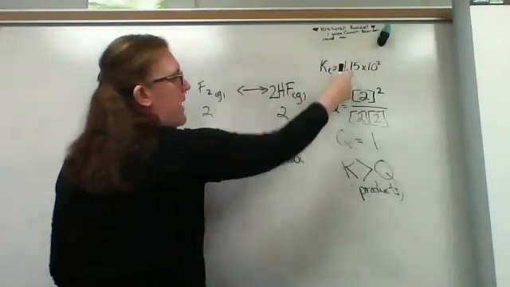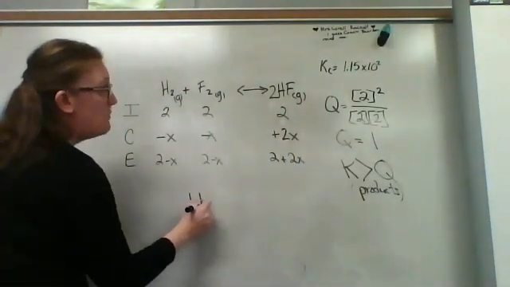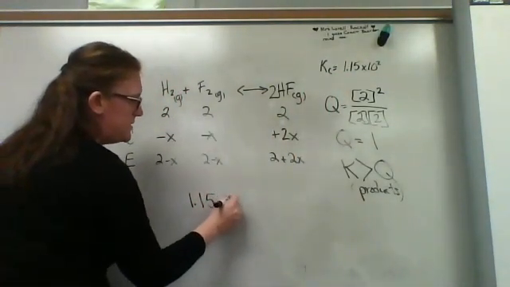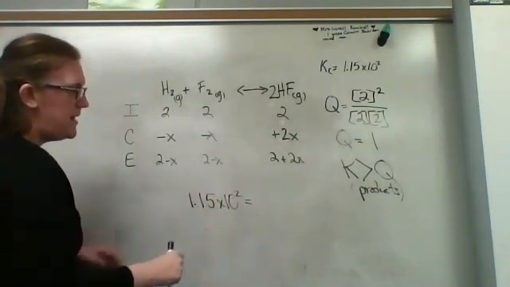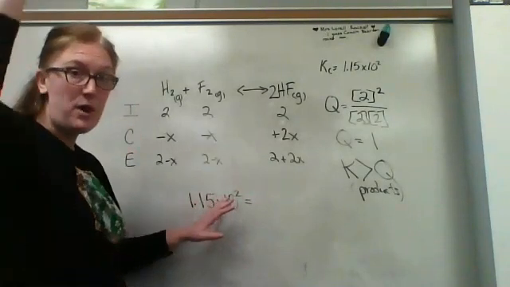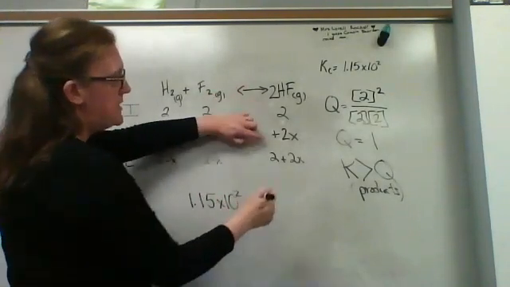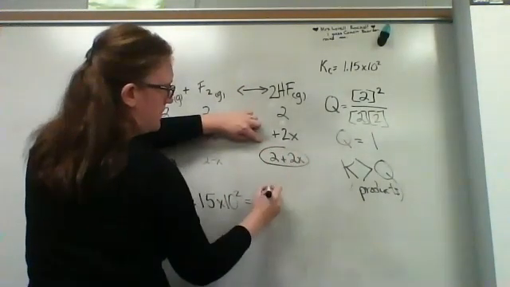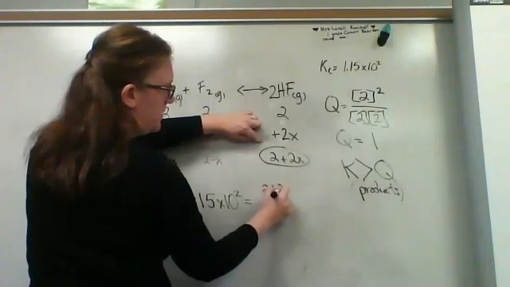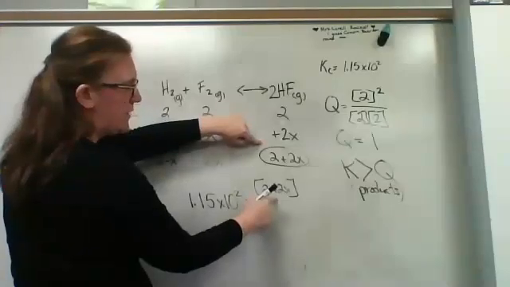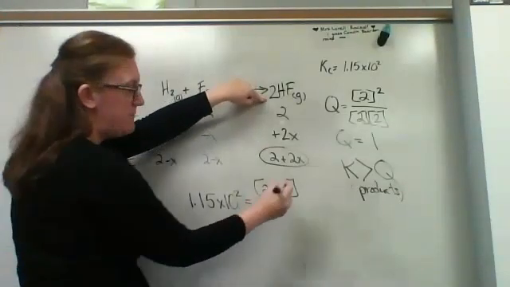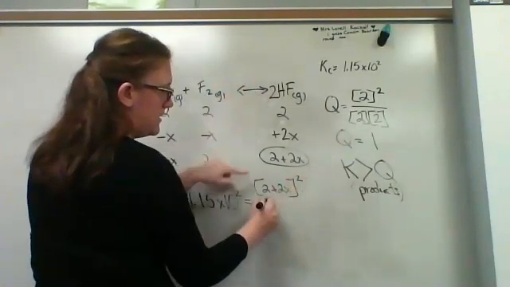We're going to start with our value of Kc, which is 1.15 times 10 to the second equals, and then I'm going to do, again, products over reactants. So I'm going to take this value right here, 2 plus 2X, but don't forget, you had a coefficient, so we're going to have to square that.